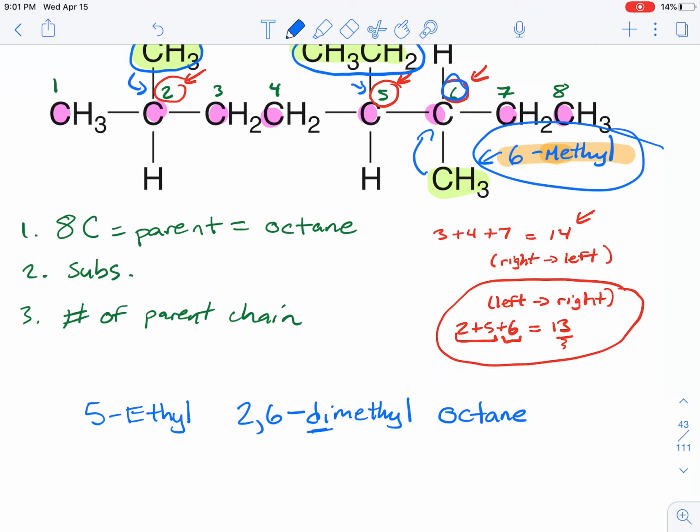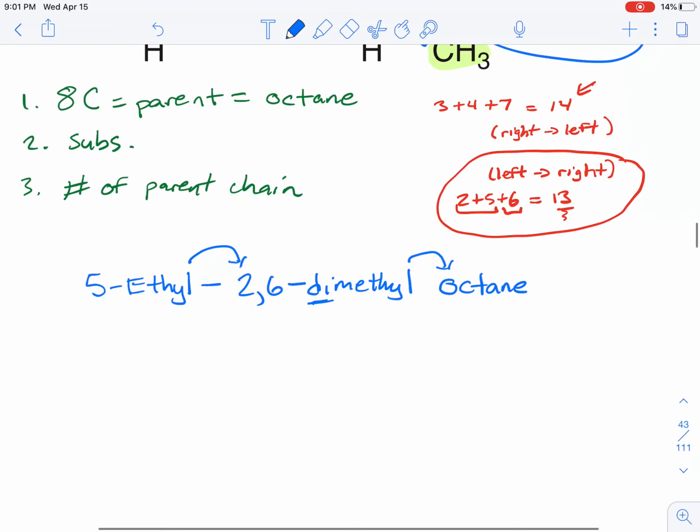And so notice that I'm going from letter to number. That means I need a dash. Here I'm going from letter to letter, so there is no dash, no space, no comma. And thus my final answer is going to be 5-ethyl. It doesn't matter if you lowercase or uppercase ethyl.